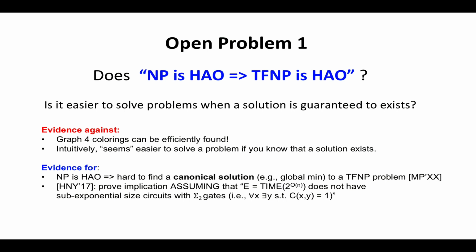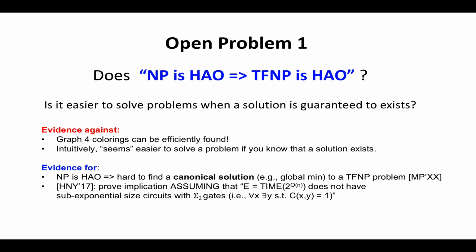And there was some very nice recent progress two years ago, where Hubacek, Naor, and coauthors proved this implication under some complexity conjecture, in particular some kind of de-randomization conjecture.